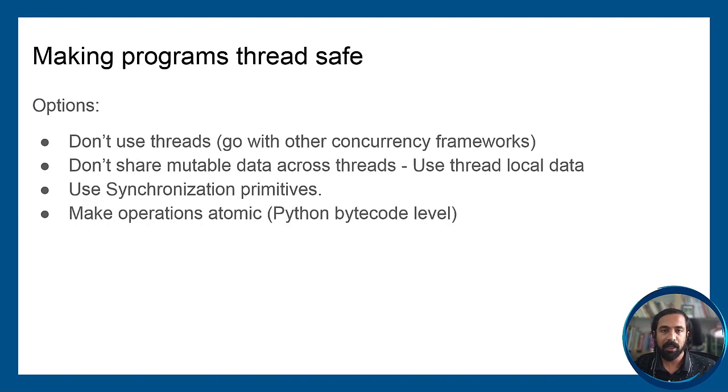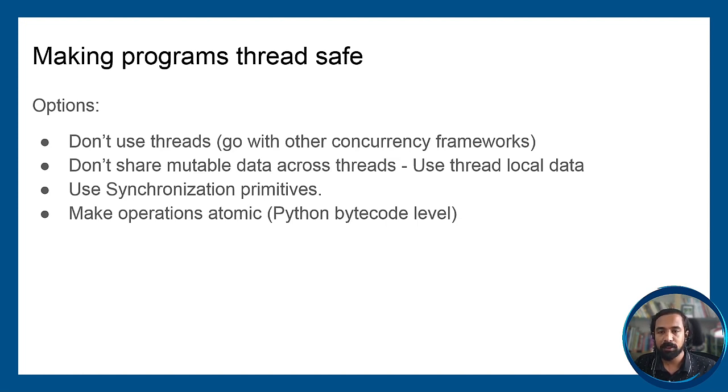Now let's take a look into various options by which we can make our programs thread safe. First thing is we can go with any other concurrency framework, and see if that's more suitable to our use case. Then we can go forward with avoiding sharing of mutable data.